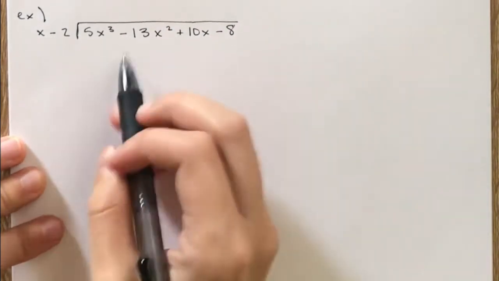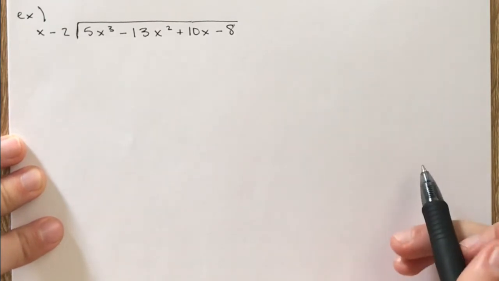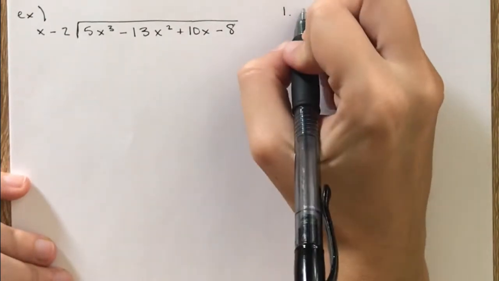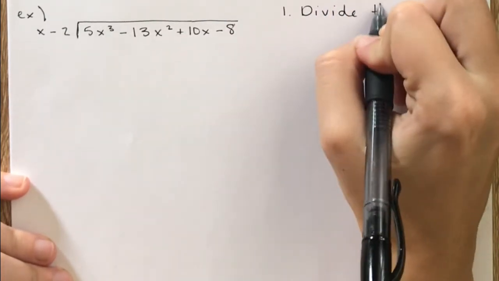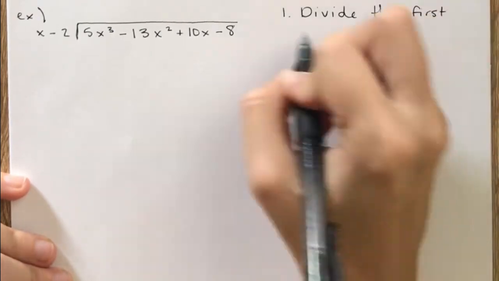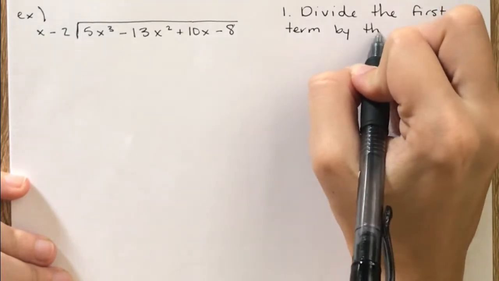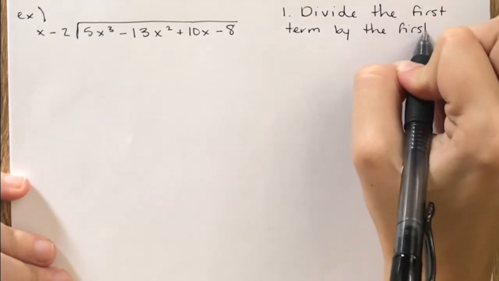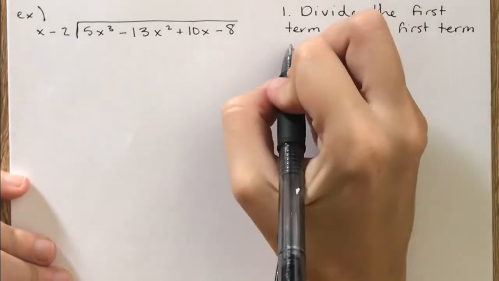I'm going to write the problem on the left and describe the steps that we're taking on the right. So the first thing we want to do is divide the first term by the first term of the divisor.